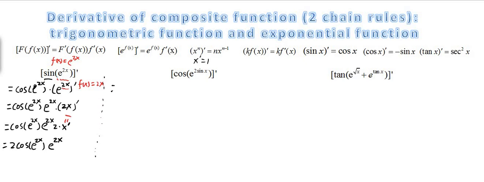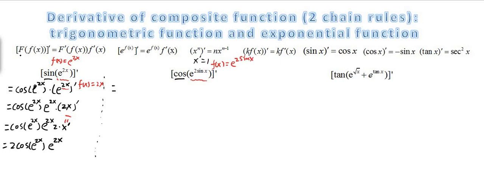Now let's take a look at the second example. The first step, we're gonna figure out what is capital F. That is cosine, and what is little f(x)? That is e to the power 2 sine x. So we have little f(x) equals e to the power 2 sine x.